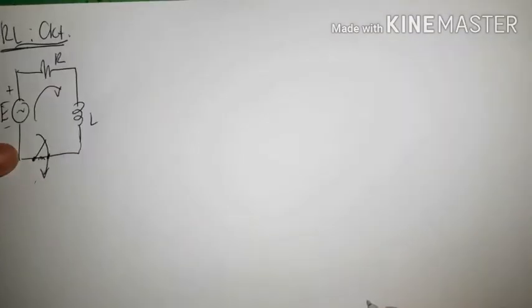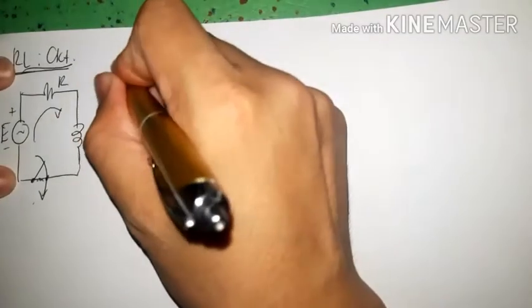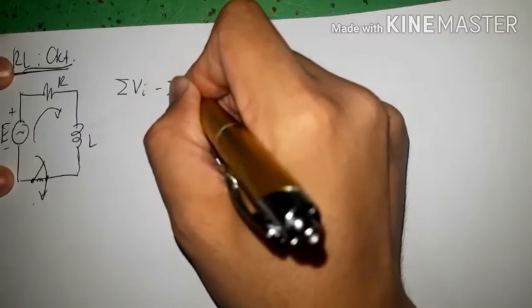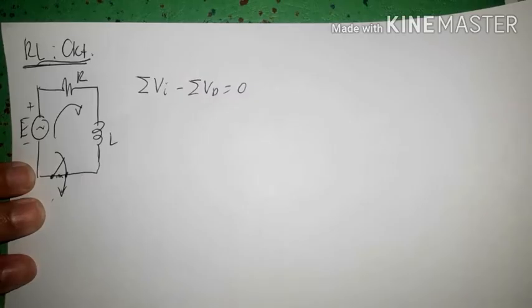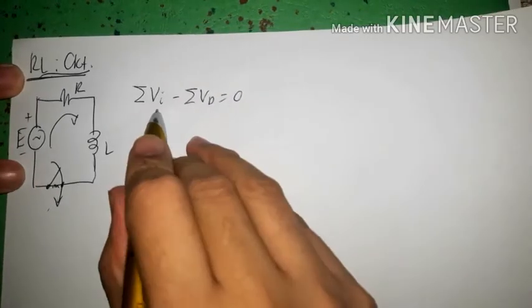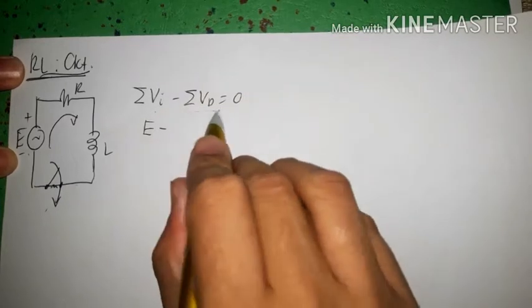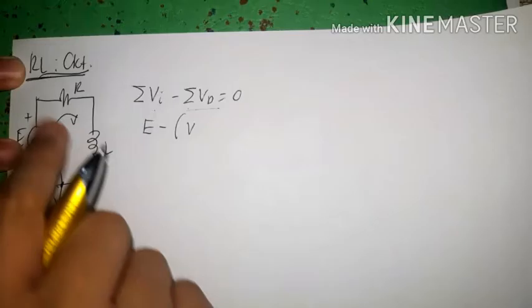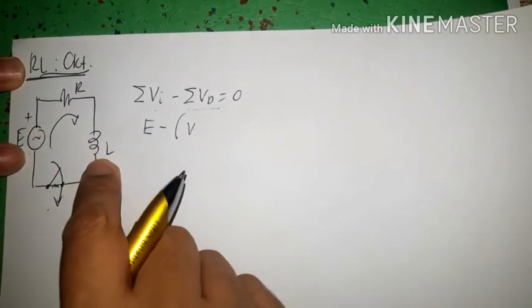So by the principle of Kirchhoff's voltage rule, the summation of voltage input minus the summation of voltage drop must be equal to 0, or the summation of the voltages around the closed loop is equal to 0. So the voltage input here is E, minus the voltage drops. There are two voltage drops involved, voltage across the resistor and voltage across the inductor.